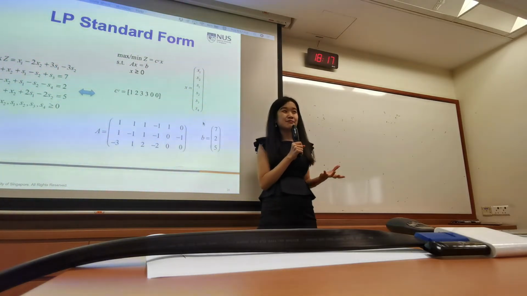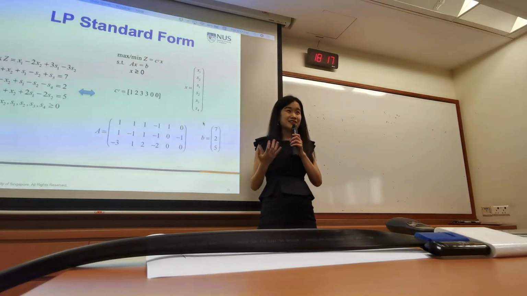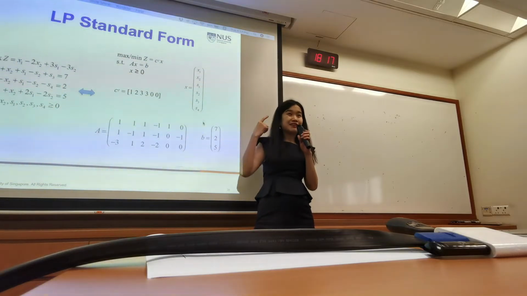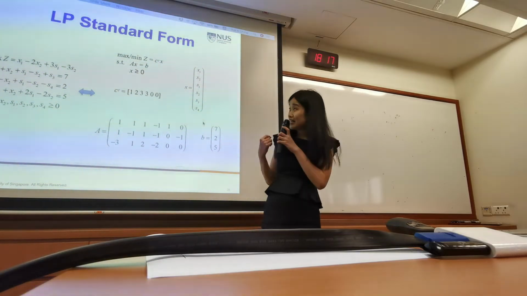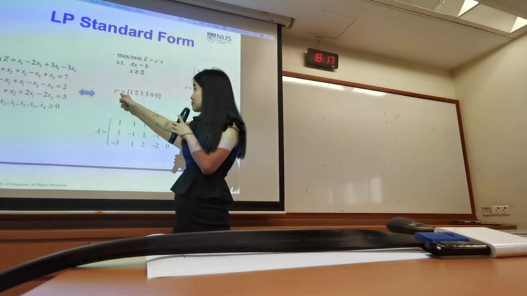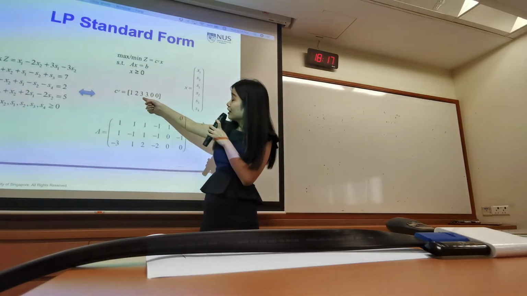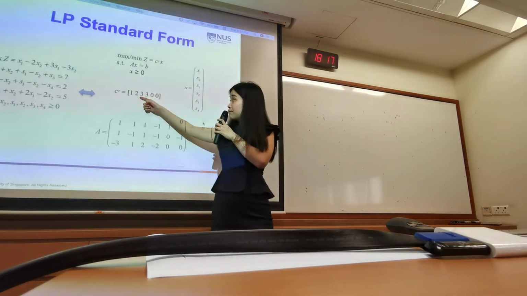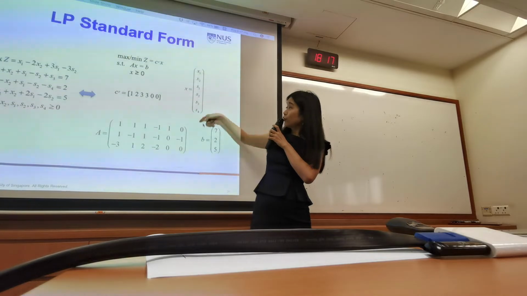Sometimes just taking a transpose turns it to the correct dimension. But when you program, think in your mind what the dimension should be. We write c transpose as a row vector to indicate the coefficients before all the unknown variables.